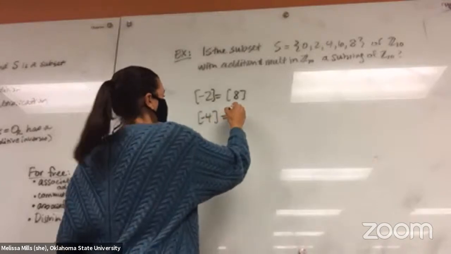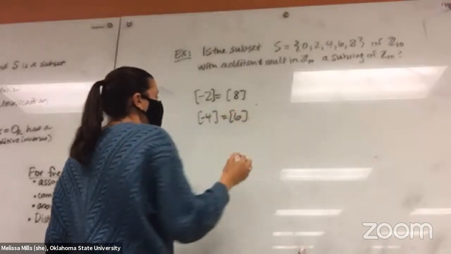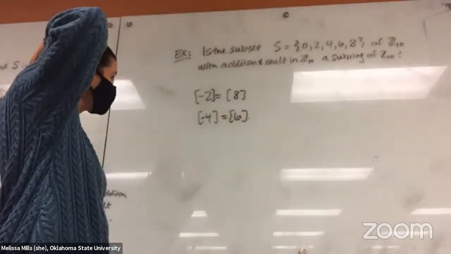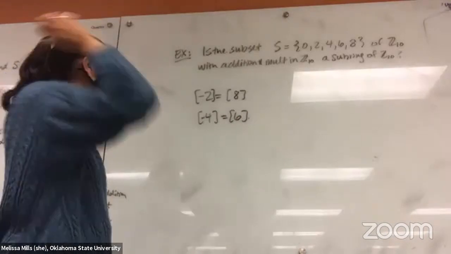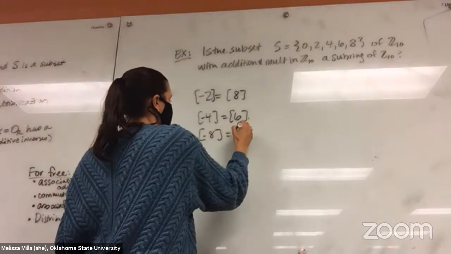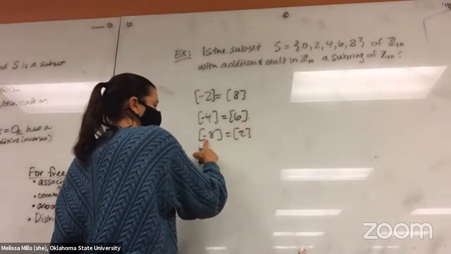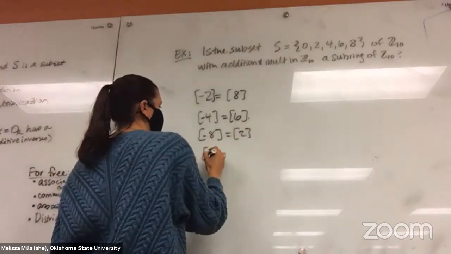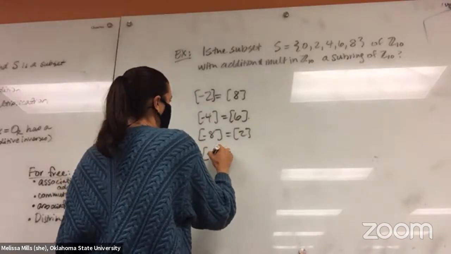Six. Yes, so 6 is the additive inverse of 4. And in turn, -8 is 2. So the additive inverse of 8 is 2, and the additive inverse of 6 is 4.